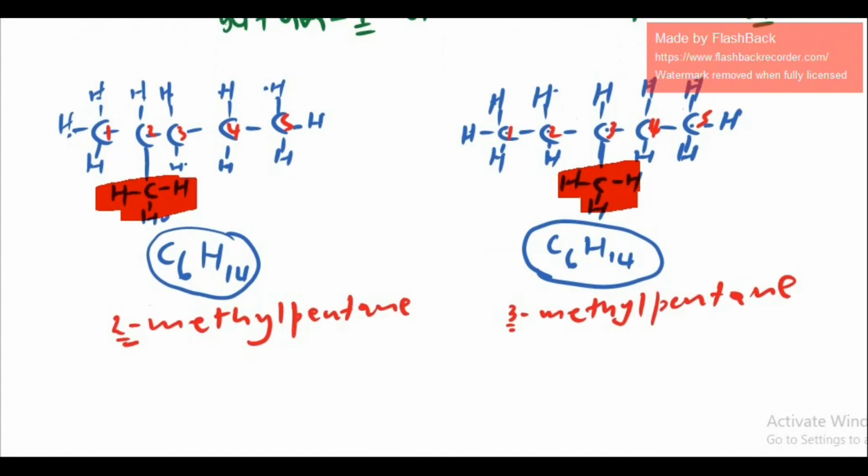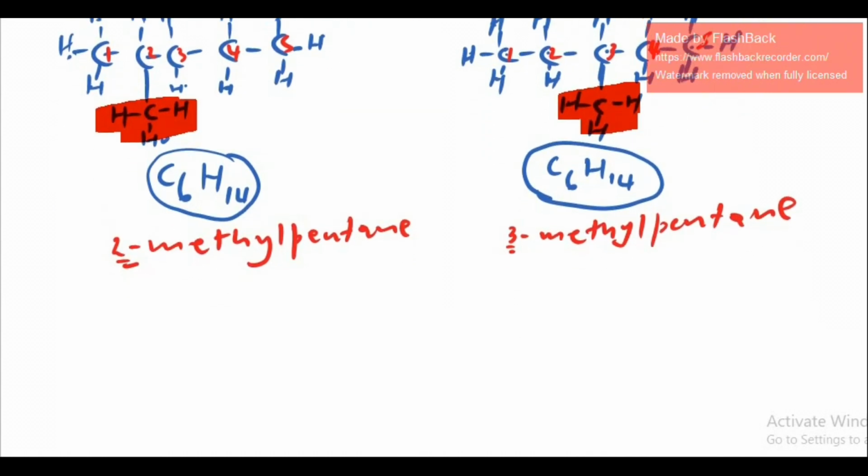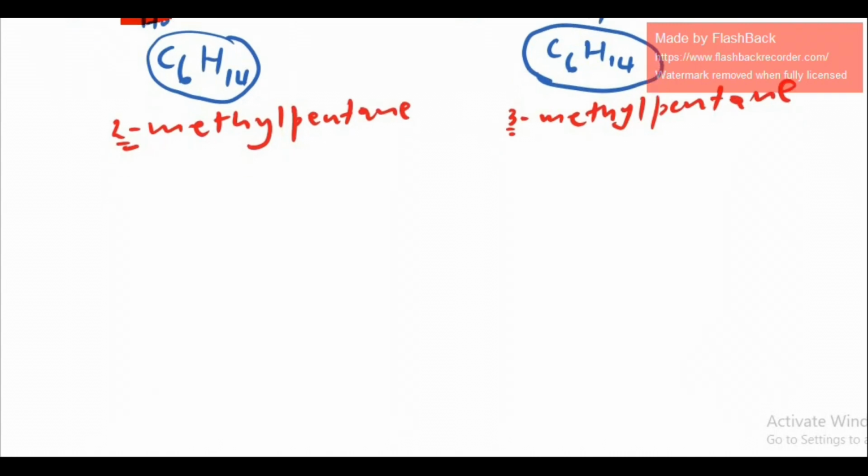So the last isomer now will be the functional isomers. We have three types of isomers here. In grade 12, we have positional, chain, and functional isomers.